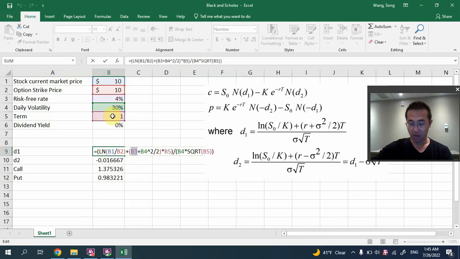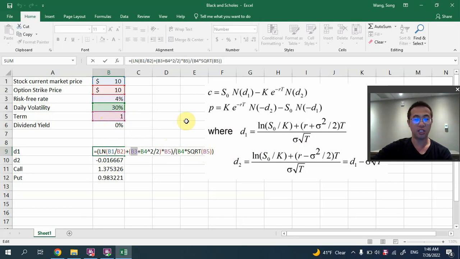So if the option lasts for a year, then this should be 1. If it lasts for 2 years, then this should be 2. If it lasted for 3 months, then this number should be 0.25. All right. So after that, don't forget to use a set of parentheses to include the numerator, and then we work on the denominator, which is the volatility times the square root of the term.